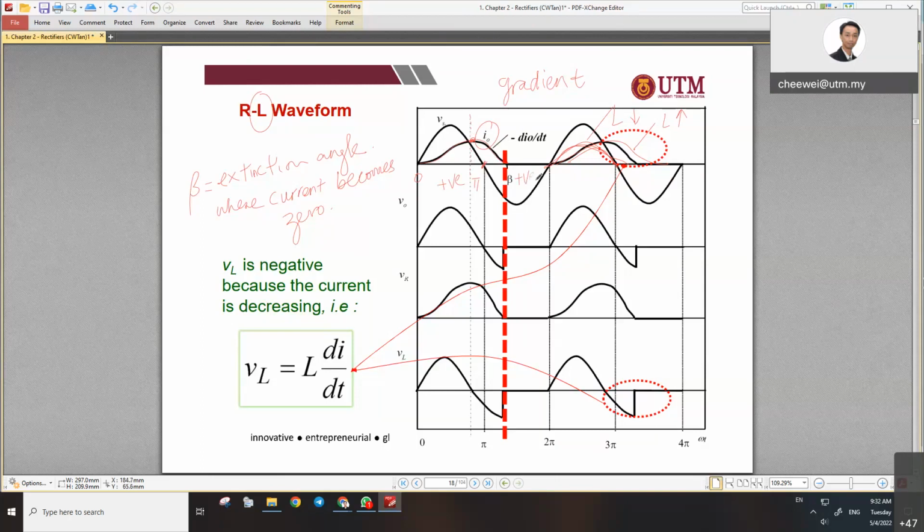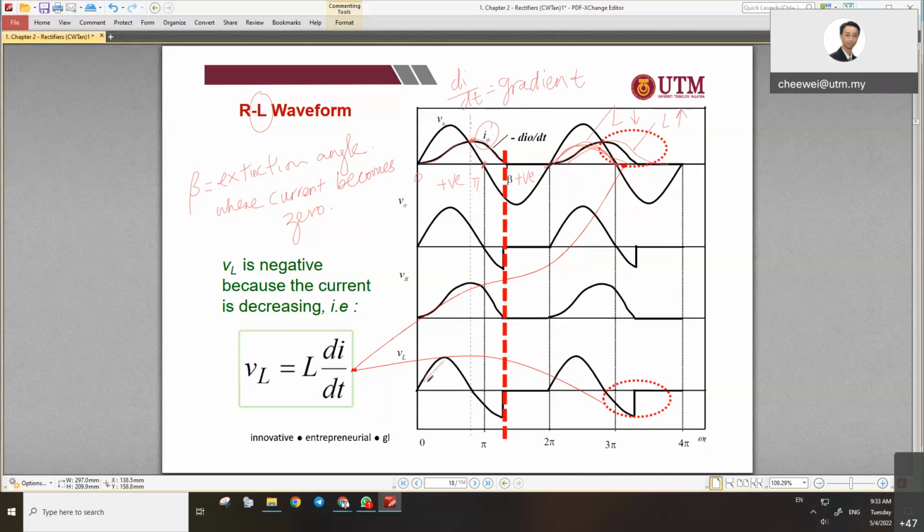Negative. The voltage of the inductor can be calculated using VL equals L di over dt. So di over dt is the gradient of the current. Gradient positive, you get the positive half cycle.